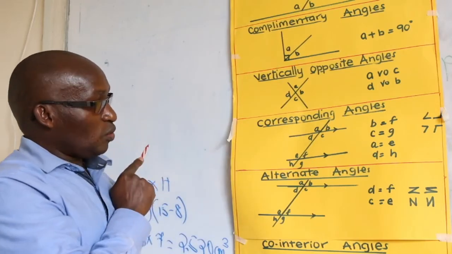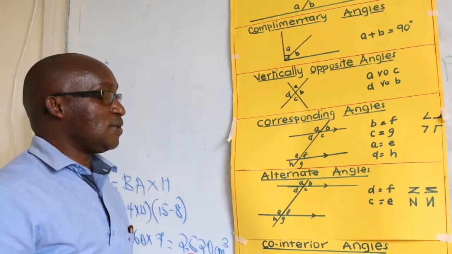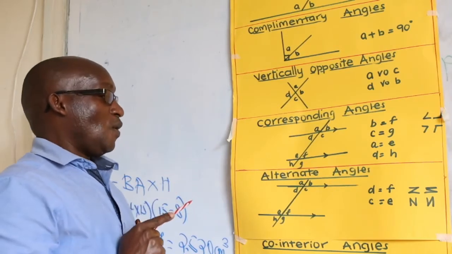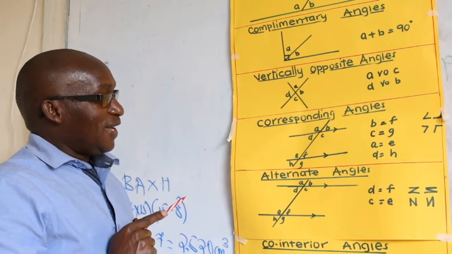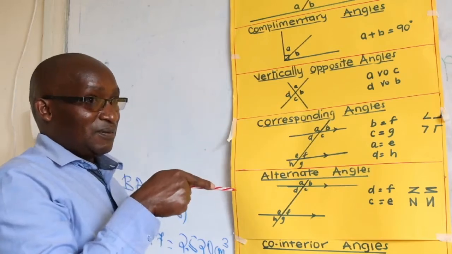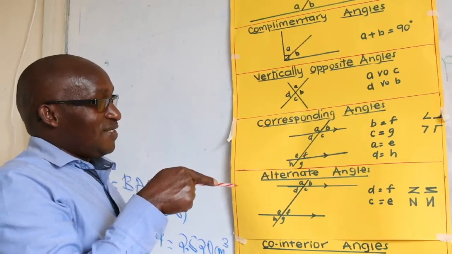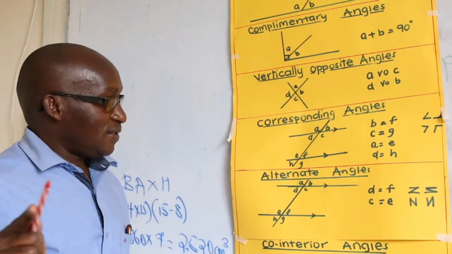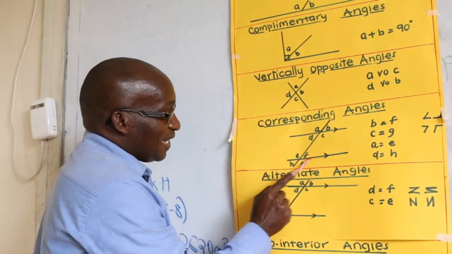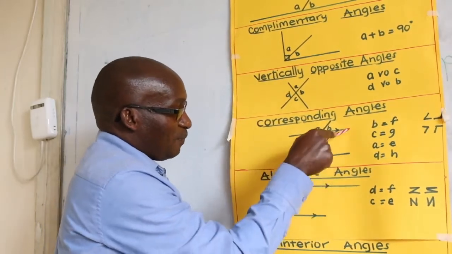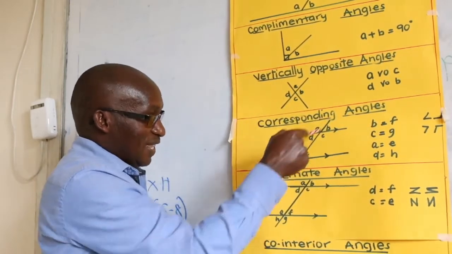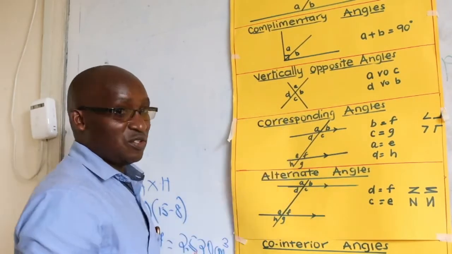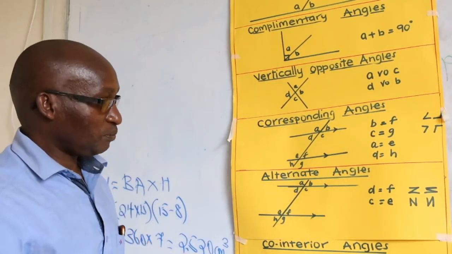Then we have got what we refer to as the corresponding angles. Corresponding angles are formed when a straight line intersects a pair of parallel lines. So this line is parallel to this one here. This straight line that cuts across two parallel lines is referred to as a transversal.